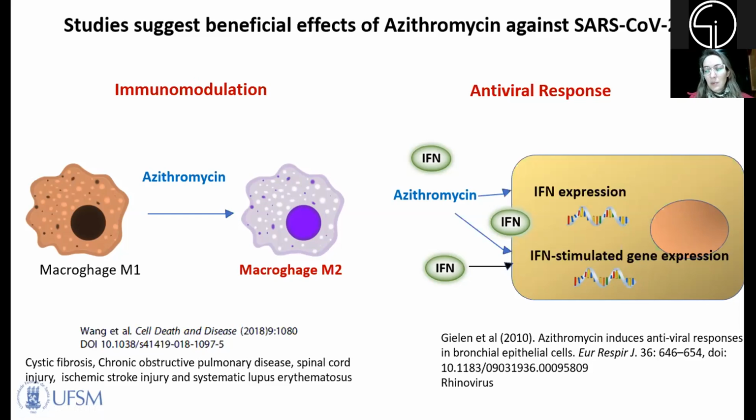The mechanism of immunomodulatory effects is still little known, but several studies show that azithromycin promotes the alternatively activated macrophage phenotype, M2, in cystic fibrosis and chronic obstructive pulmonary disease, for example.